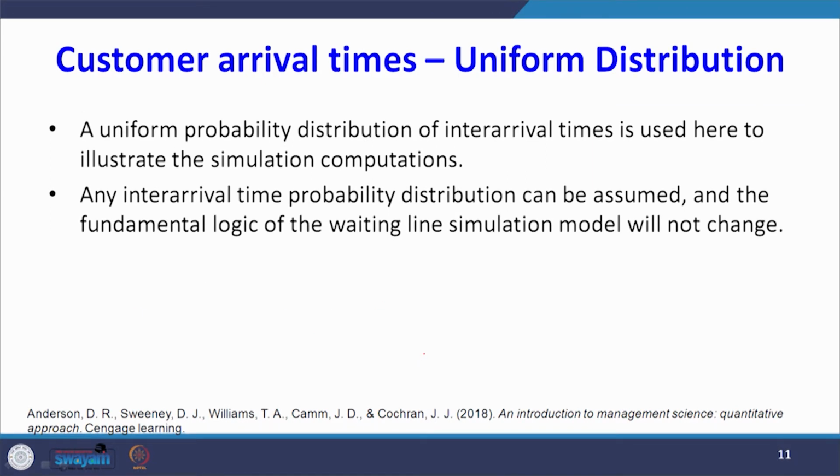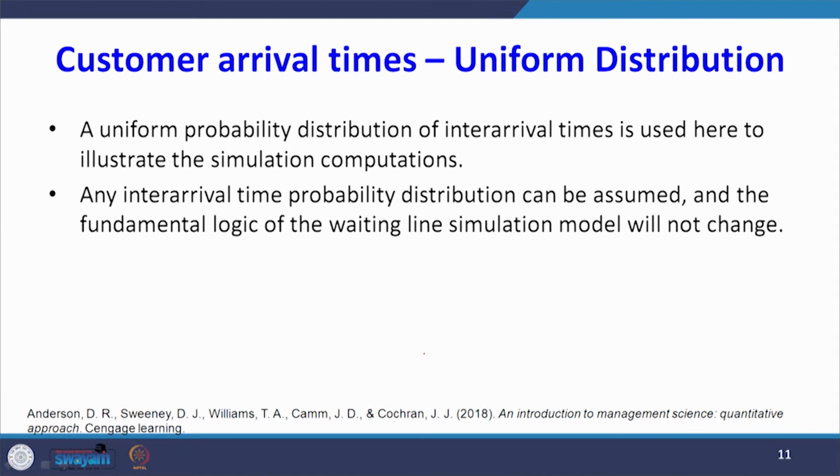A uniform probability distribution of inter arrival time is used here to illustrate the simulation computations. Any inter arrival time probability distribution can be assumed. So, instead of uniform distribution, you can assume the arrival pattern may follow a Poisson distribution also, or it can be exponential.